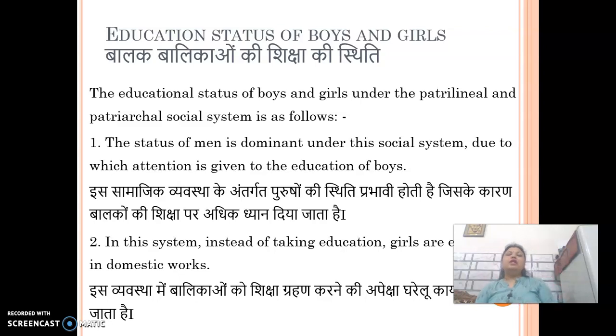Now, the education status of boys and girls in patriarchal society. Under the patrilineal and patriarchal social system, the status of men is dominant, due to which attention is given to the education of boys.